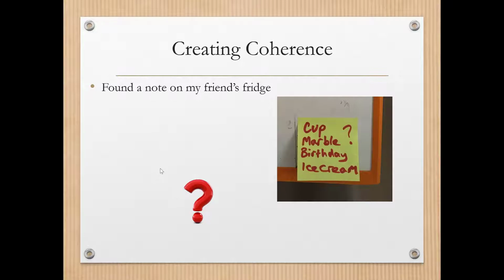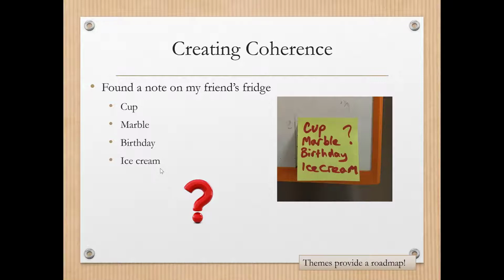I found a note on my friend's fridge, and you'll see the note on the right hand side, and these words cup, marble, birthday and ice cream were on that note, and I said to him, what do you mean? What's this all about? So take a few seconds and try to come up with a solution for what all these 4 words might be associated with.